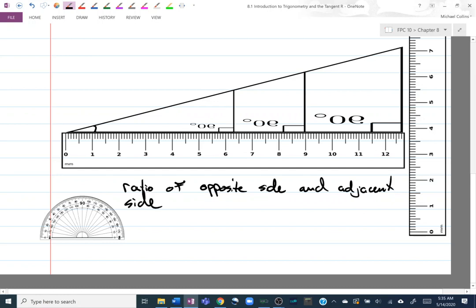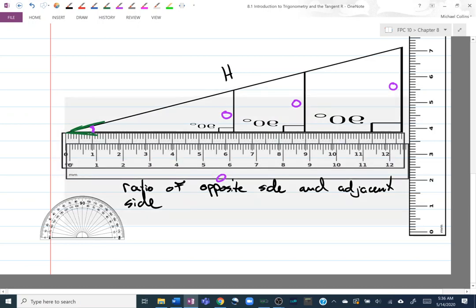So if I look from this angle, and maybe I'll make that a little bit brighter, maybe I'll put that purple in there just so we can see it a bit more. We're going to look at that angle. That would make these our opposite sides. And since my long side is my hypotenuse, that means the other side next to it, notice how this angle is next to that, so this bottom one is my adjacent side.